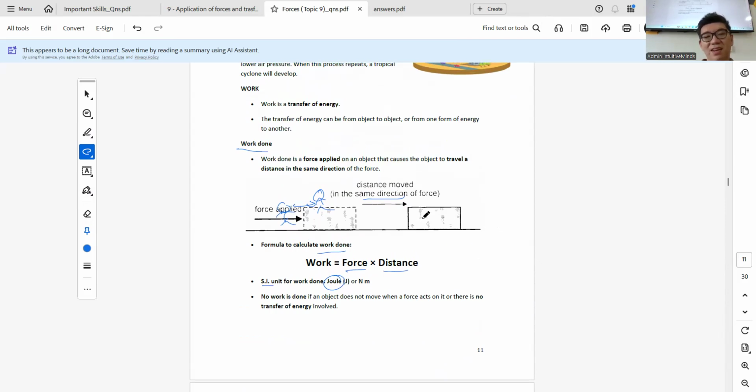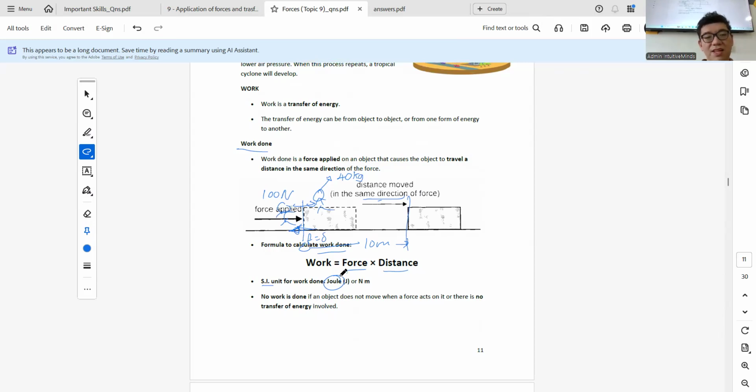So what does it mean? Let's say your sister, I'm assuming she's about 40 kg, for example. And let's say there's no frictional force, you apply 100 Newton force. So F here is equal to 0. And let's say the distance moved is 10 meters.